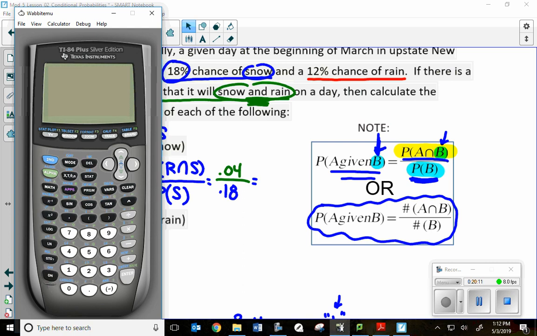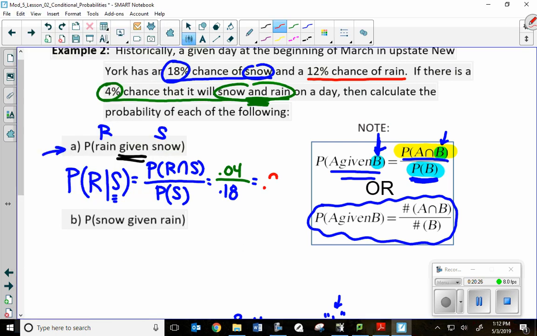So we've got 0.04 divided by 0.18. I hit enter, and that is a repeating 0.2222. I will just call that 0.22. There is a 22% chance that it will rain given it snows.